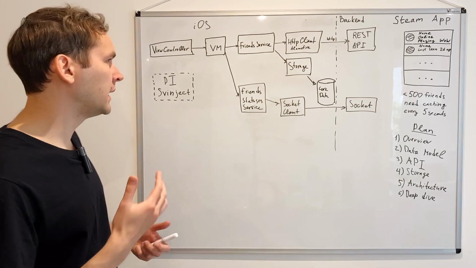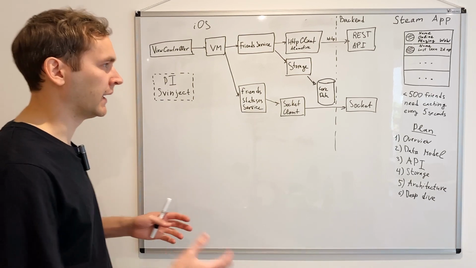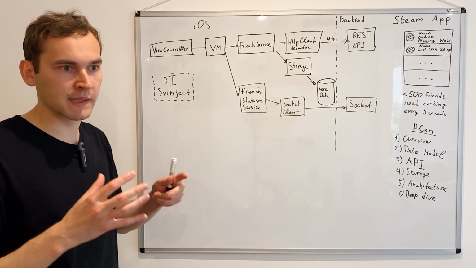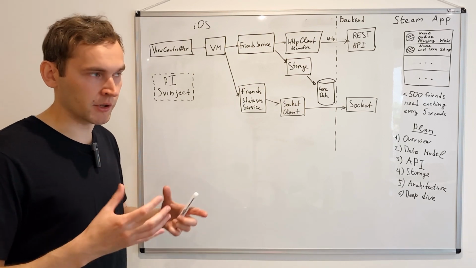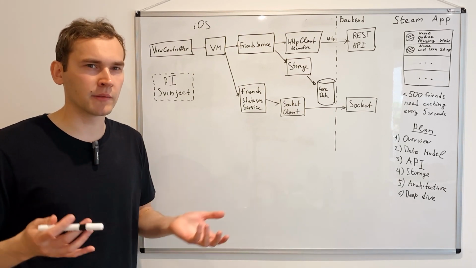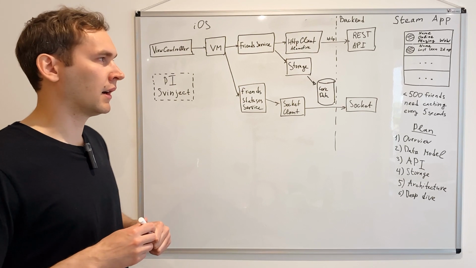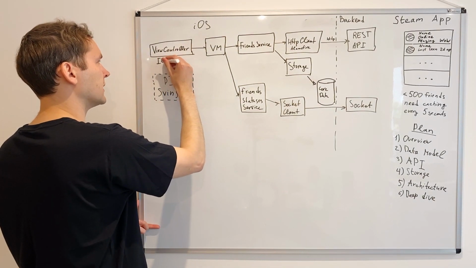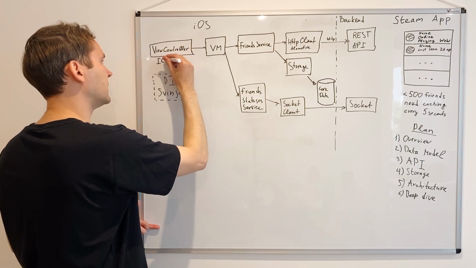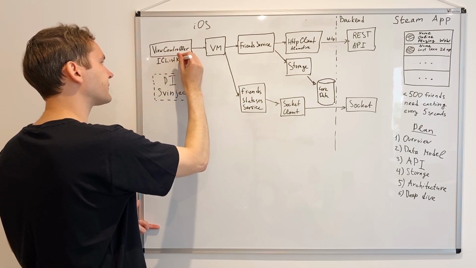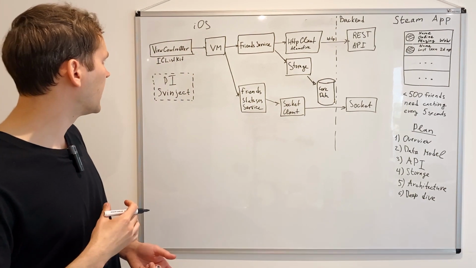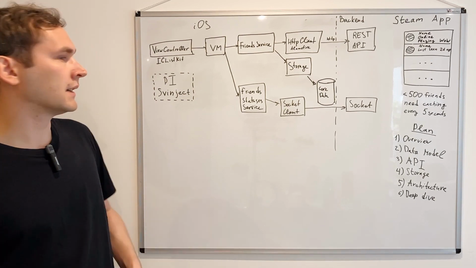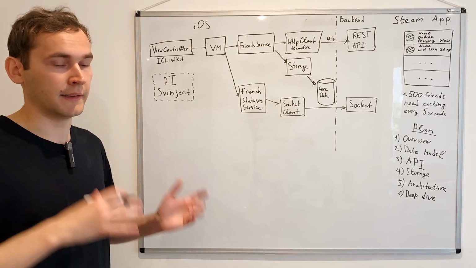So probably we could do a binding between a collection view cell and some kind of cell objects or view data objects. And there are a lot of frameworks for that. For example, one of the most popular is IGListKit. We can use it here in the view controller. So I will write here IGListKit, or we can do it with Eureka Swift. The main idea is to bind collection view cells to their data objects.